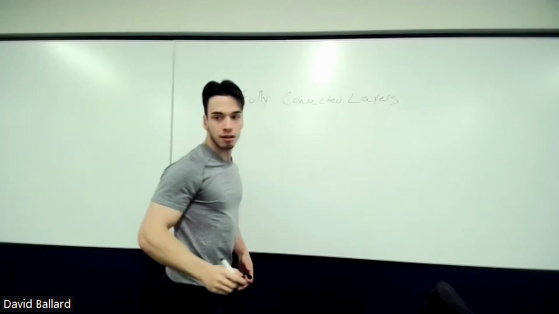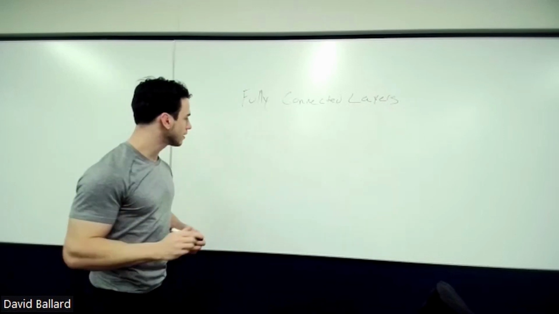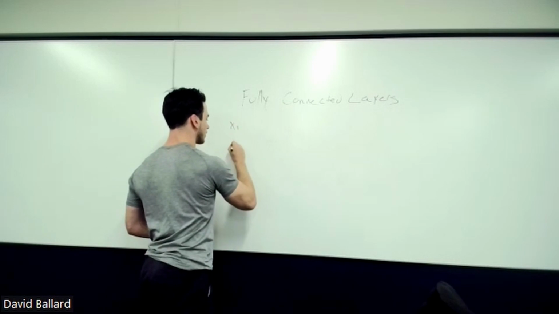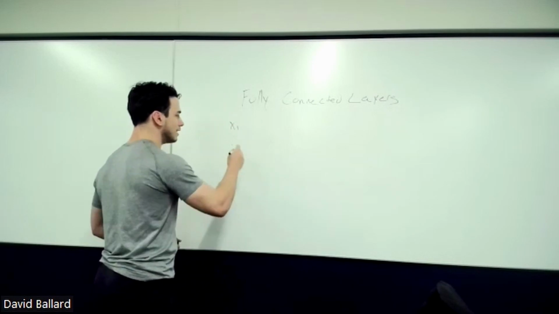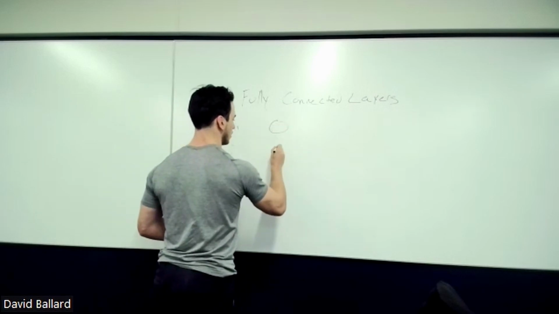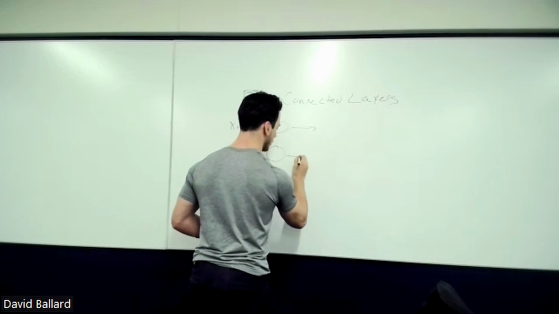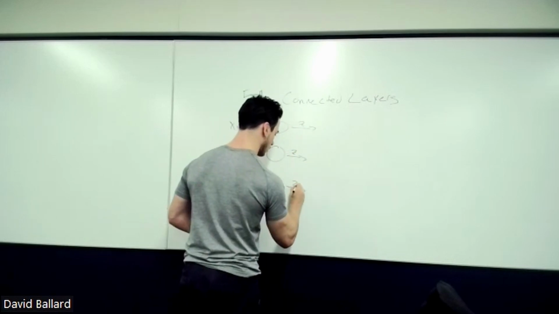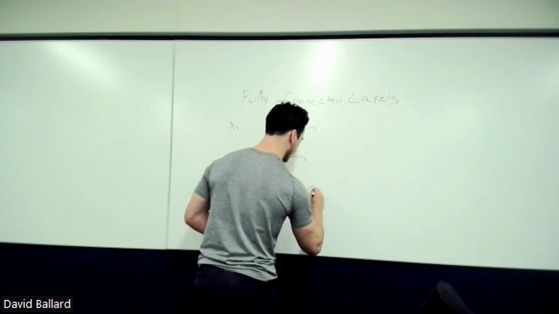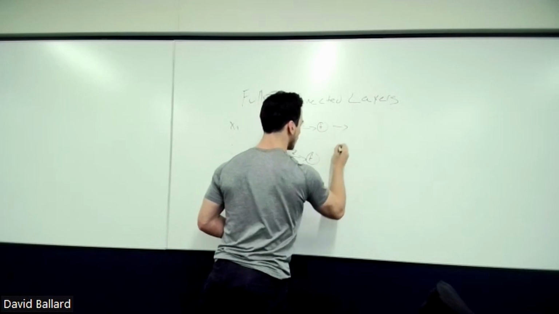So what does it mean for a layer to be fully connected? It's that your input vector, x1 to xm, each input, these will represent neurons. These are the pre-activations. And then we have our F's, our activation function, and then our output.